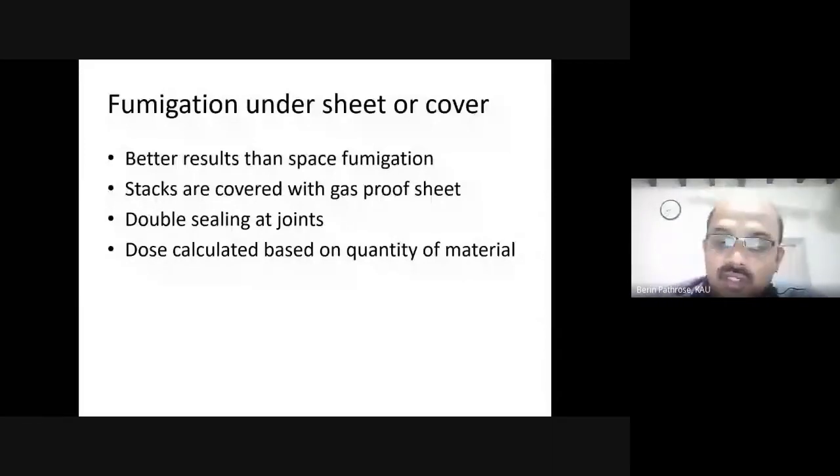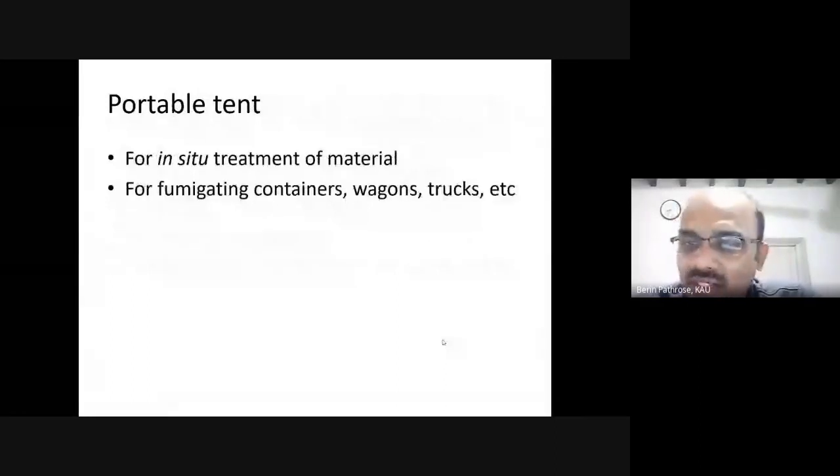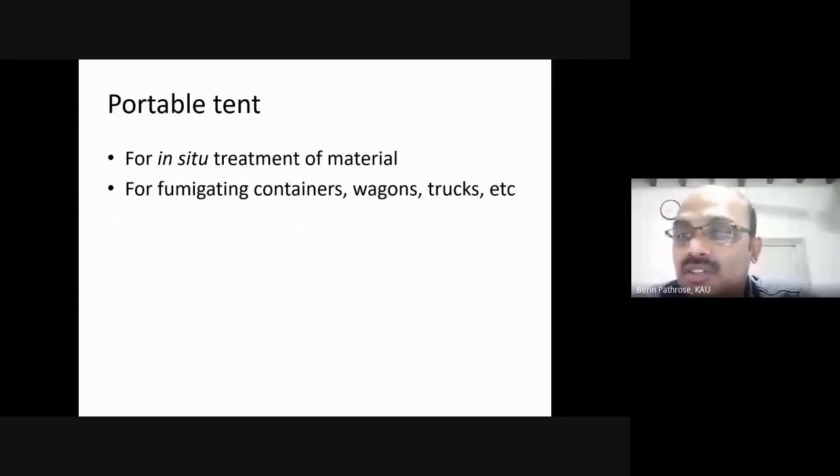Yes, okay, then fine. Then comes the portable tent. Yesterday, when we were discussing storage structures, I showed you a picture of relocatable warehouses. They are temporary structures which can be easily fabricated.